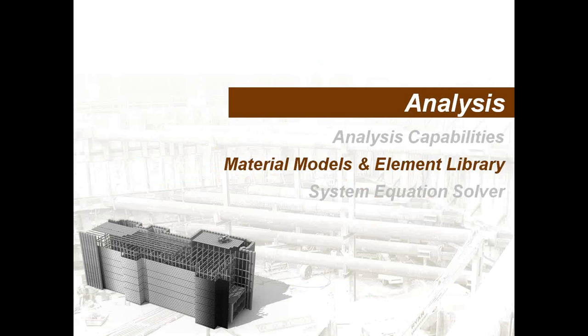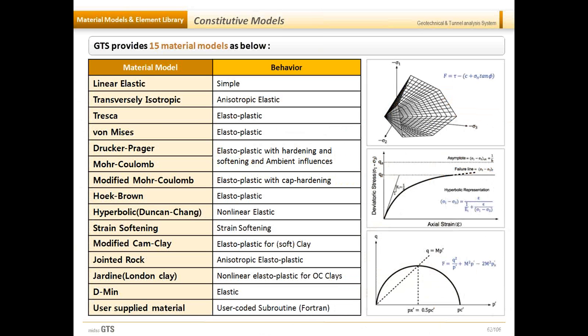Now, what is important in geotechnical software is also the material models, because you know that the soil is mainly a nonlinear medium. So you have to consider a lot of different conditions for the soil.